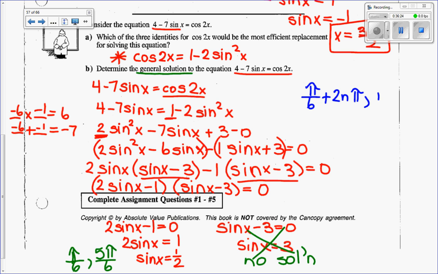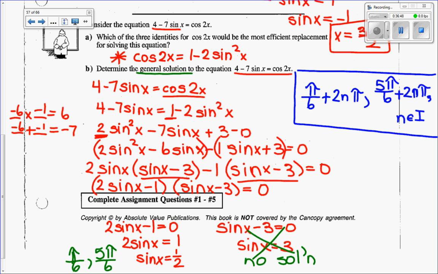We're also going to do the same for the other term, 5 pi over 6, where n is an integer. In other words, we're adding or subtracting complete periods to get each of the values of x. So that would be your general solution.